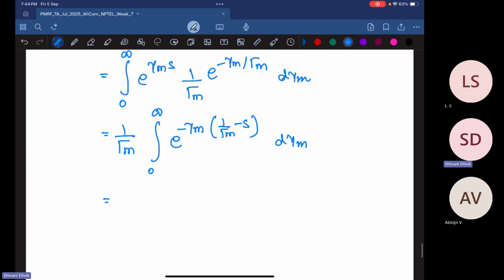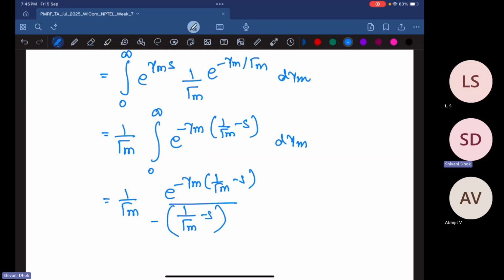So this is equal to 1 over gamma m into e power minus gamma m into (1 over gamma m minus s) divided by (1 over gamma m minus s), with a minus sign, from 0 to infinity. This is valid when 1 over gamma m is greater than the real part of s.